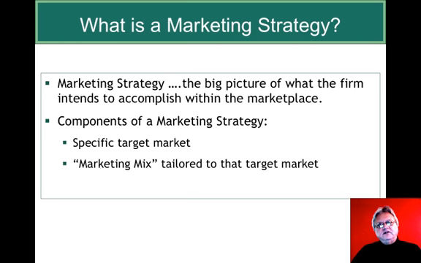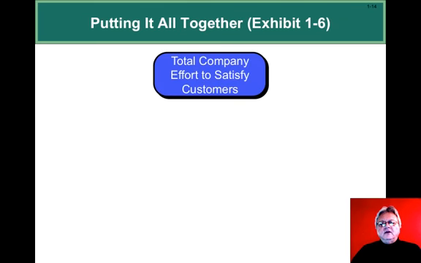We'll talk about this concept of the marketing strategy in a lot more detail in chapters 2 and 3 of our text. But for now, I thought it would be useful to introduce that term. So if we try to put this all together, some of the concepts that are introduced in the first chapter. Marketing involves a total company effort that is oriented towards satisfying customers. Very simple.